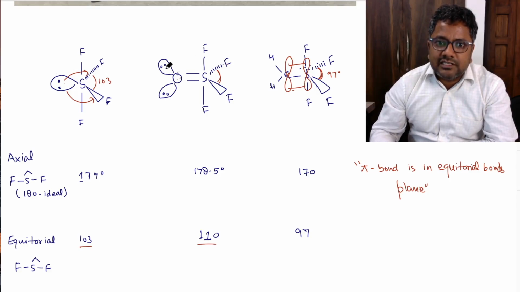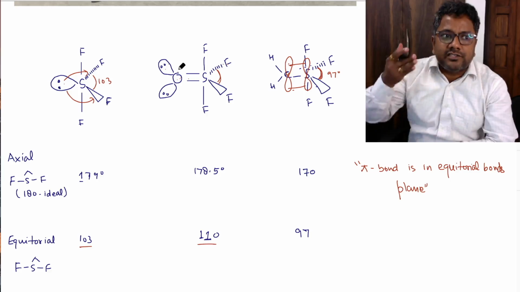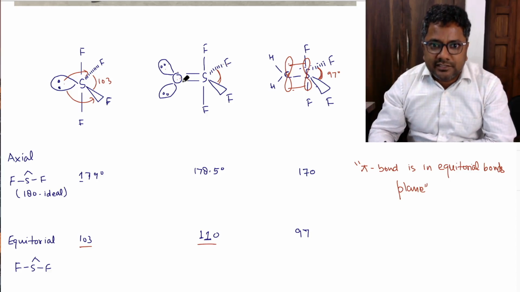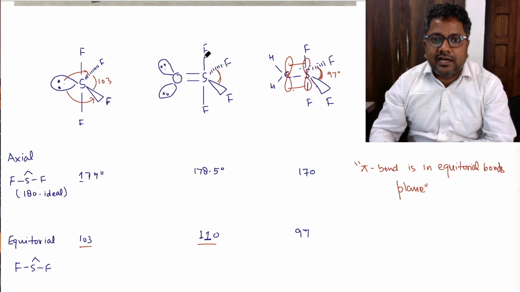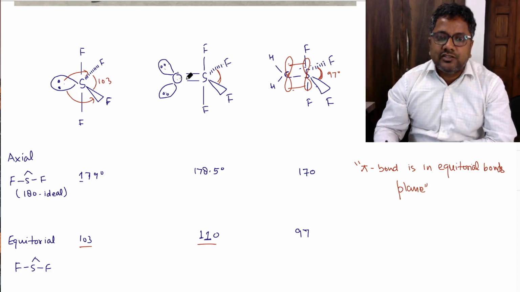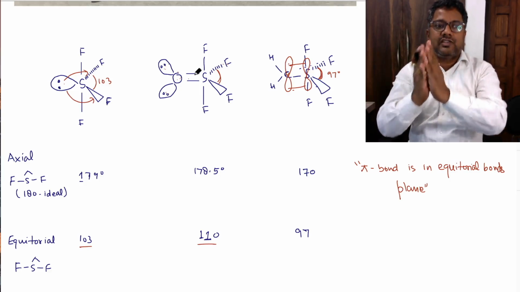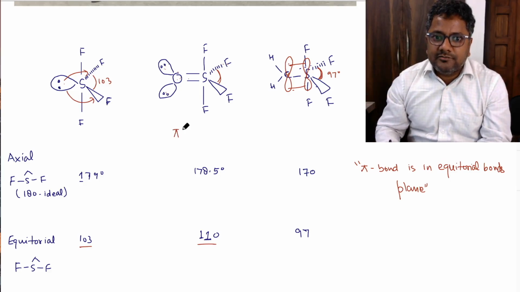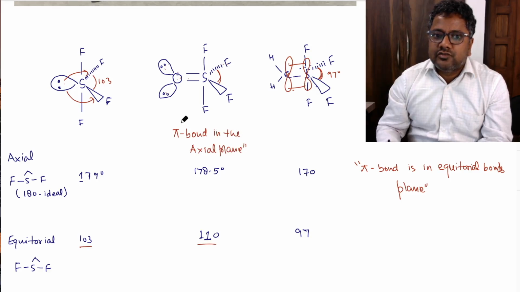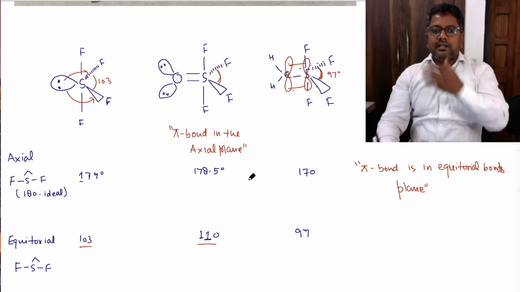You cannot say that this plane and the pi bond plane are in the same plane. This pi bond plane must be perpendicular to this plane, and that is in the axial plane. So here the pi bond basically lies in the axial plane. This is a very, very crucial and important example.